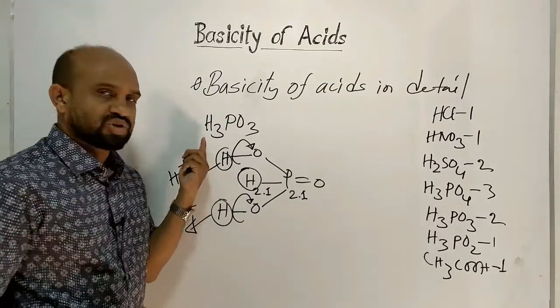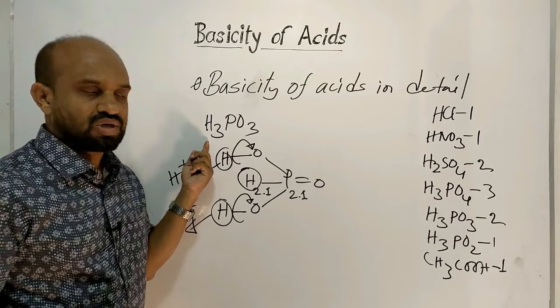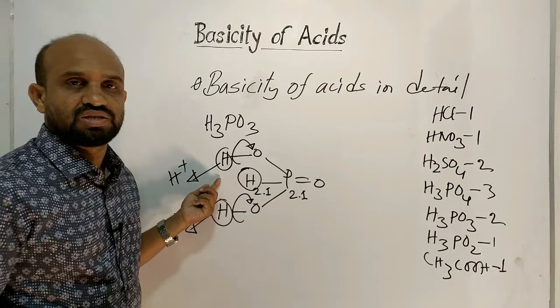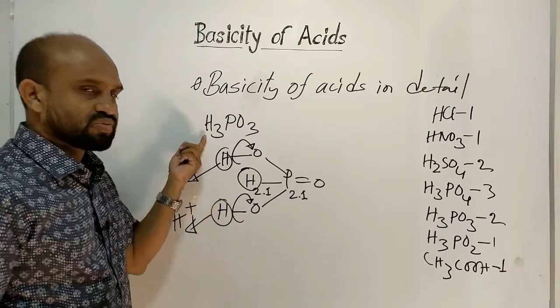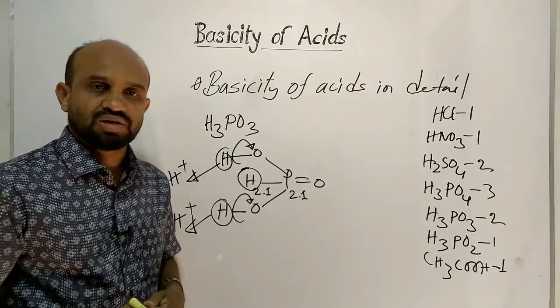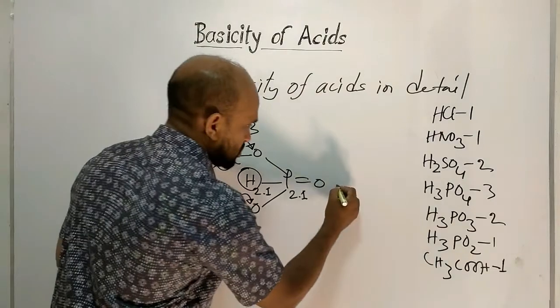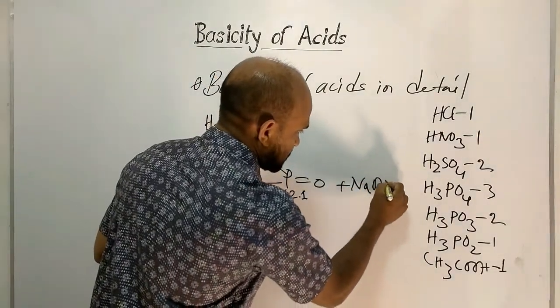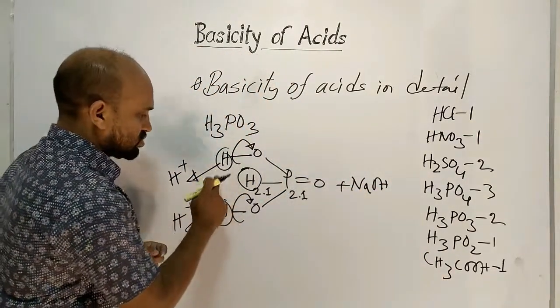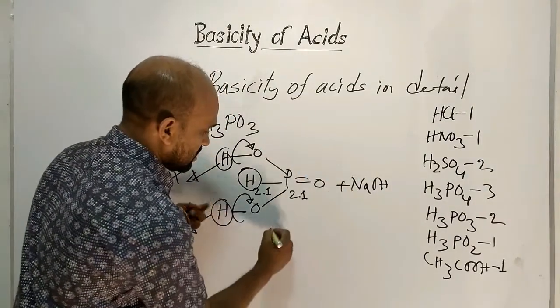That is why phosphorus acid, though it has 3 hydrogen atoms, has a basicity of 2, because out of 3 hydrogen atoms, 2 hydrogen atoms are released as protons. If it is added to sodium hydroxide, that means a base, then these 2 hydrogen atoms are replaced by sodium in this way.